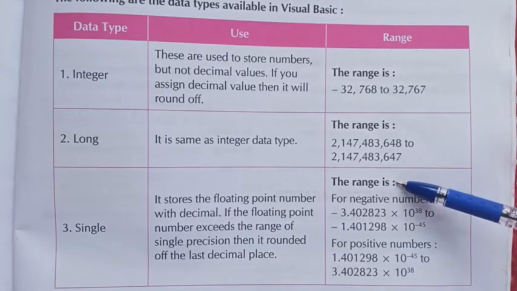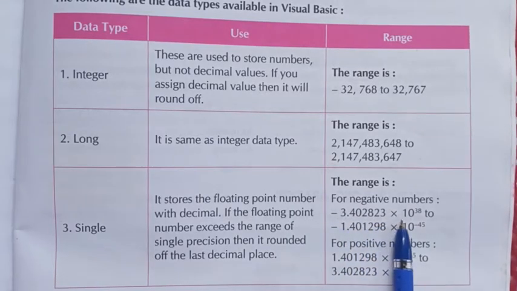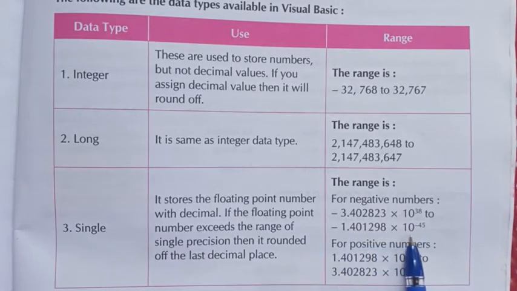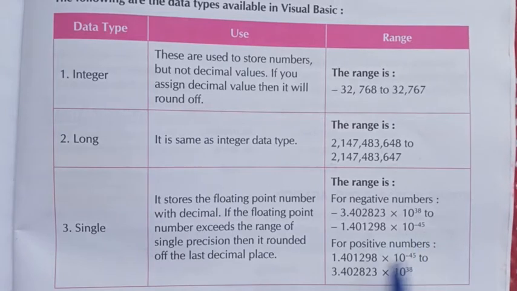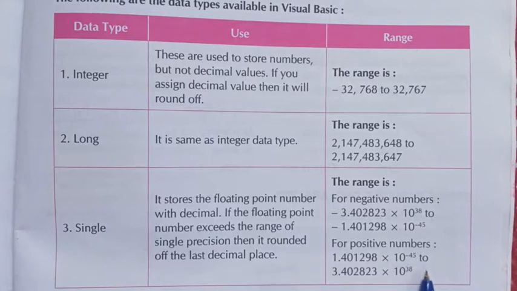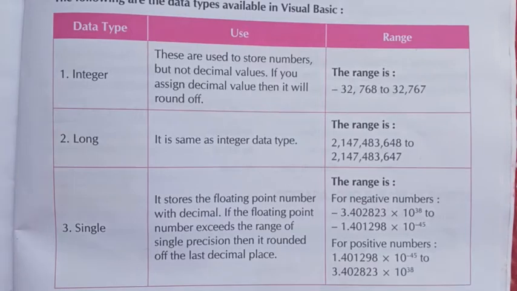For negative numbers, we can store from minus 3.402823 times 10 to the power 38 to 1.401298 times 10 to the power minus 45. And for positive numbers with the single data type, the range is 1.401298 times 10 to the power minus 45 to 3.402823 times 10 to the power 38. So this is the range that is going to be stored with a single data type.